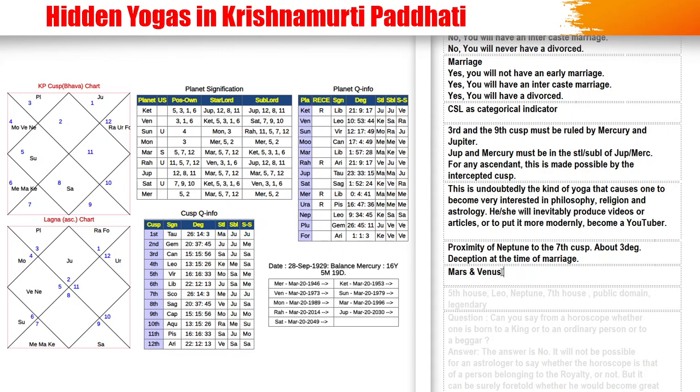But I'm not going to discuss this here, because sometimes these kinds of things become a tool for character assassination. But Mars and Venus in a specific combination in the bhav chart does indicate some inclination, some orientation towards something in a person's chart.